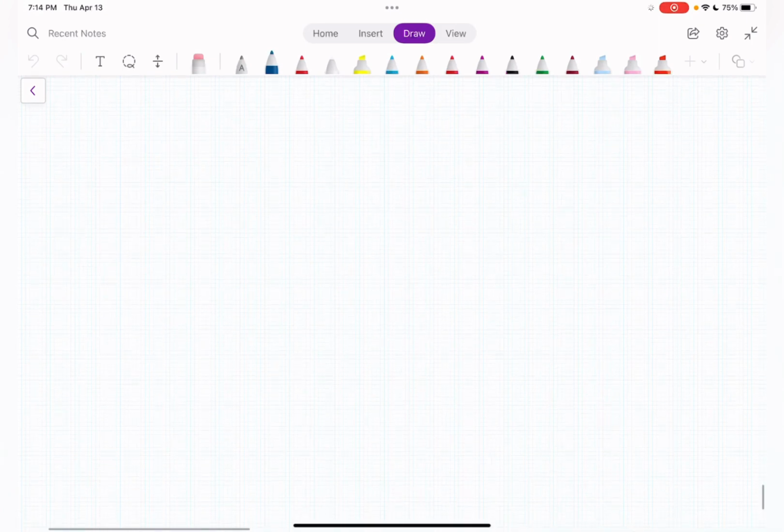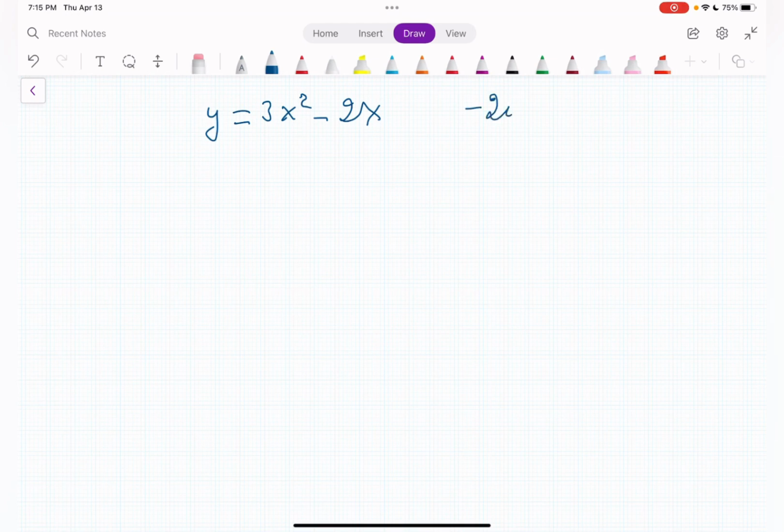So we have y is equal to 3x squared minus 2x, and we need to find for which point of this curve the slope of the tangent line is equal to negative 20. All right, to find the slope of the tangent line, we need to take the derivative, right?